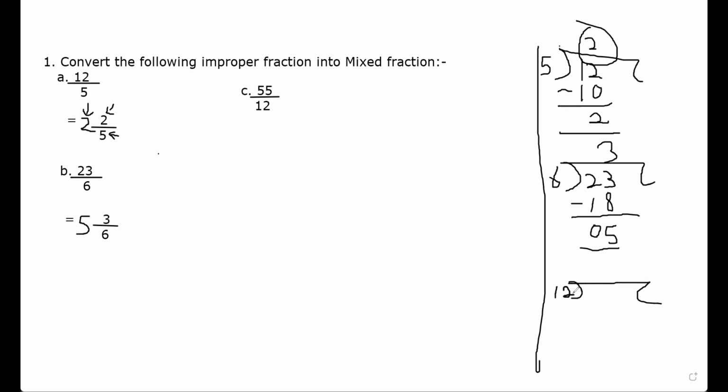So 12. This is 55. Now let's start counting. 12 is to 1, 12. 12 is to 2, 24. 12 is to 3, 36. 12 is to 4, 48. 12 is to 5, 60.